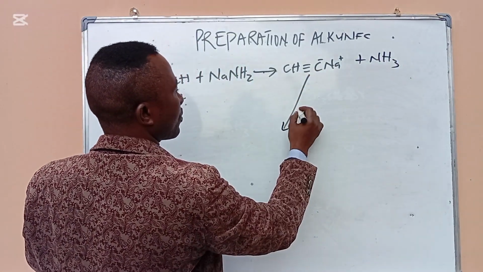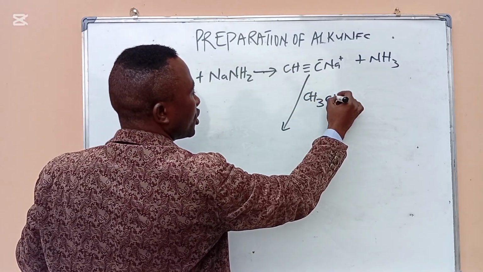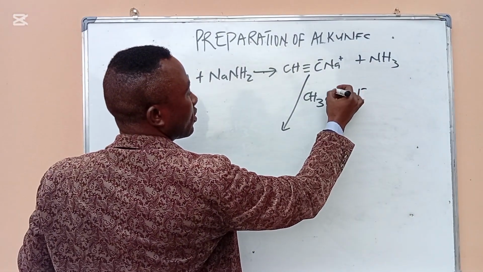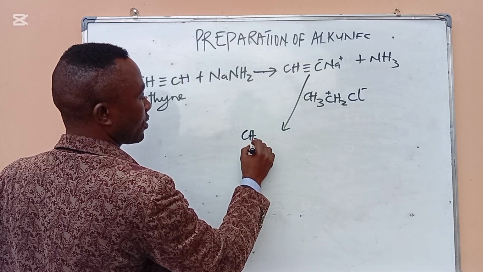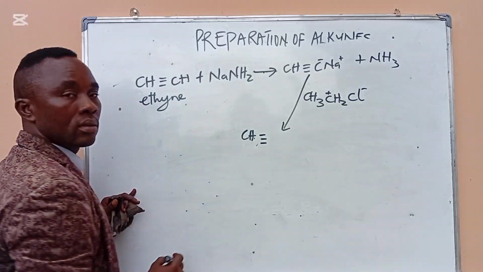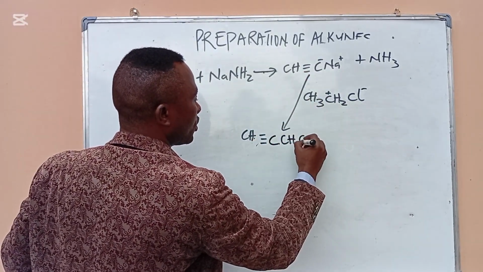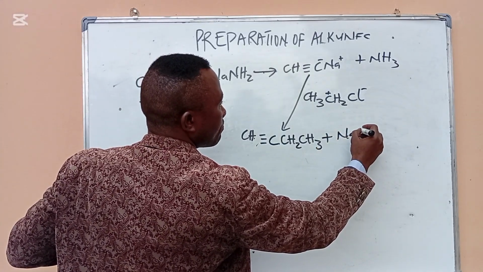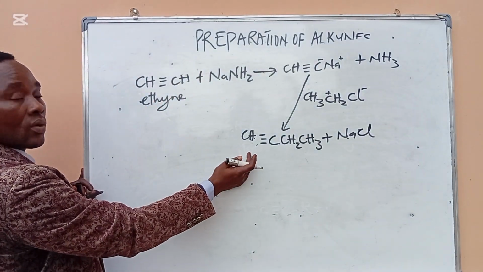Then when we react with CH3CH2Cl, we'll have CH triple bond C CH2 CH3 plus NaCl.